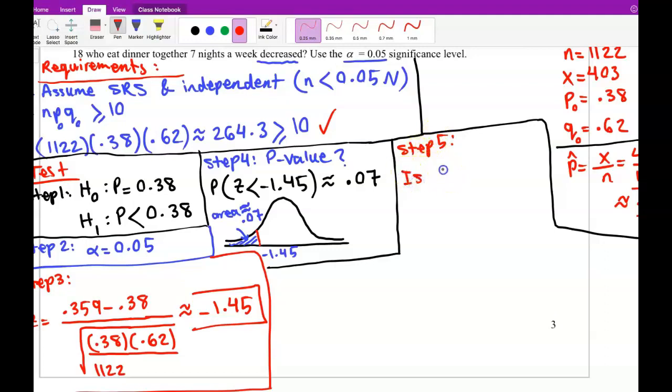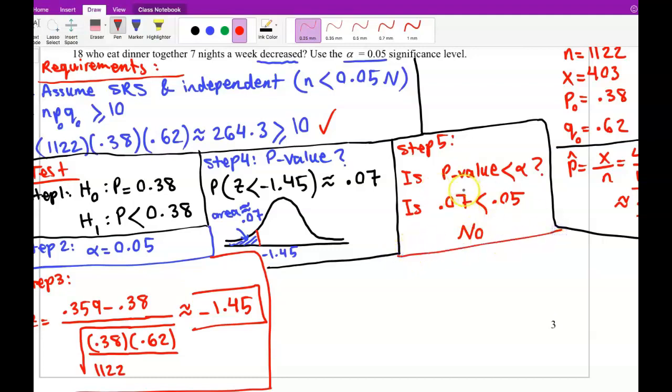So is the p-value less than alpha? Is 0.07 less than our alpha, which was 0.05, 5%? Is that one less than 5%? No. So that is step 5.